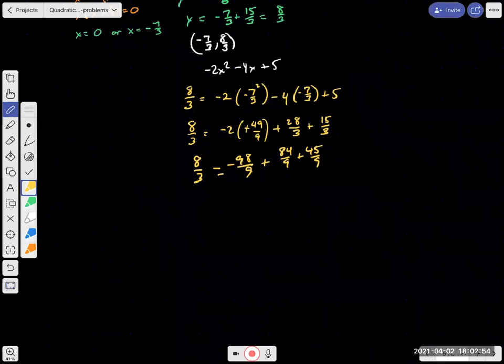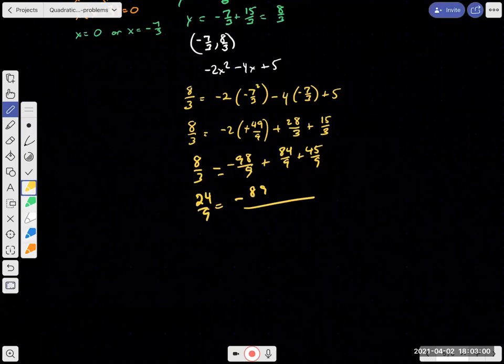So make this into ninths too, so it would be 24 ninths equals minus 98 plus 129, is that right? 129 ninths. 98 plus 84, transpose those.